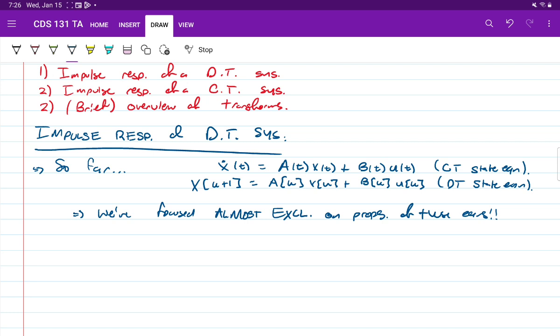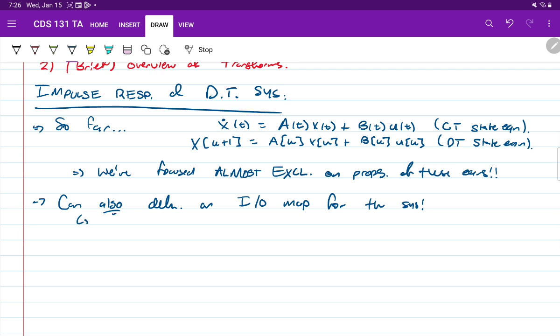But we know what we can also do is define an IO map for the system. Okay? So the IO map goes much more directly from your input to your output. It cuts out this middleman of the state equation and jumps directly from whatever input signal we pass into the system to the output signal of the system.